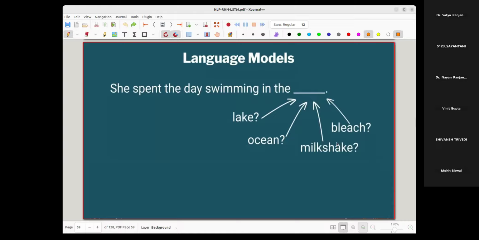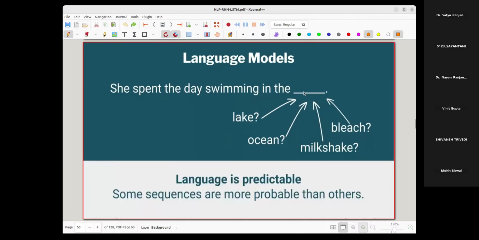Let's say there are only 4 possibilities. Out of these 4, which is more likely? That means it's a kind of probability calculation. Language is predictable. Some sequences are more probable than others. So here, she spent the day swimming in the milkshake cannot be possible. Bleach cannot be possible. Either it can be a lake or an ocean.